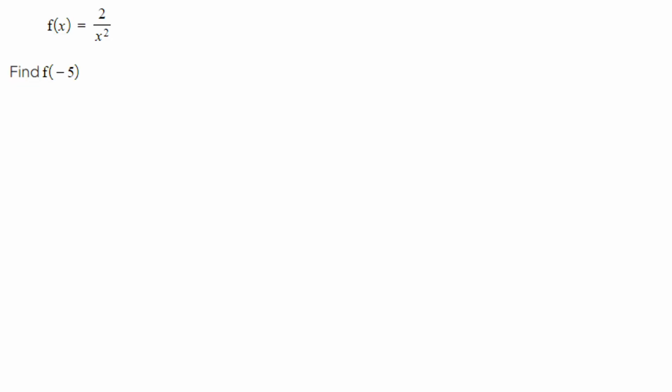So let's say we have something like f of x is equal to 2 divided by x squared. Find f of minus 5. All we're going to do is substitute what's in the function. So we know here that f of x is equal to 2 over x squared.